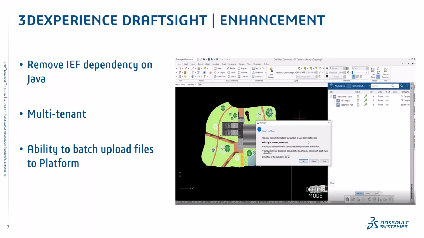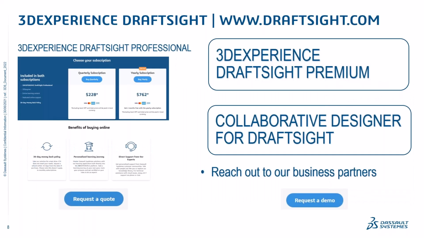application, right? So some few more information on 3D Experience DraftSight. For those who don't know what 3D Experience DraftSight is, they may go ahead and visit the DraftSight.com website, browse to the web page and get to know about 3D Experience DraftSight.